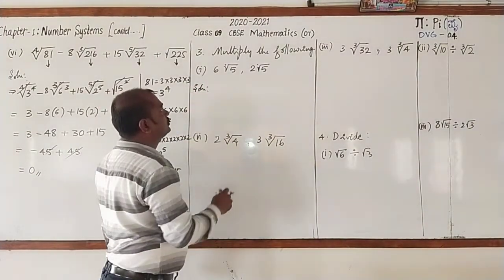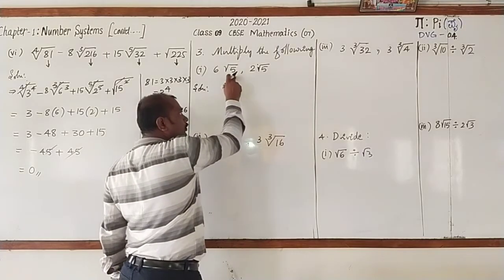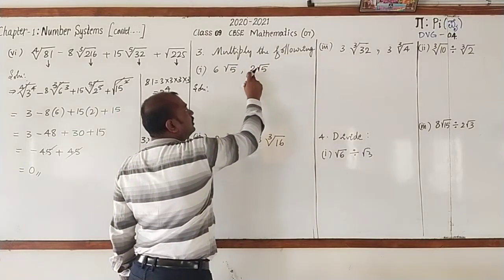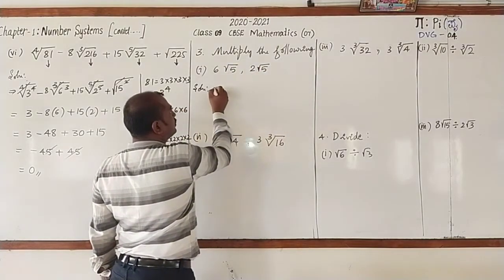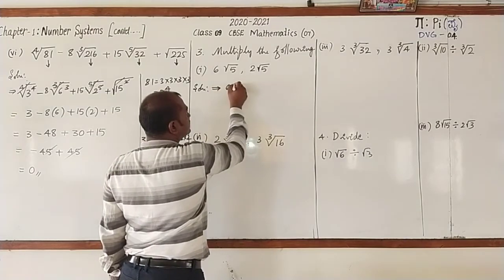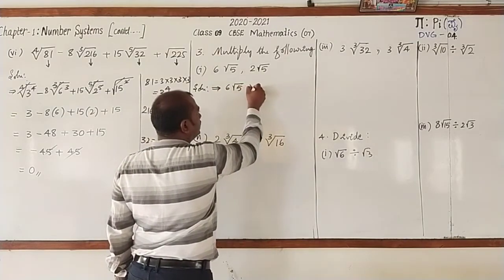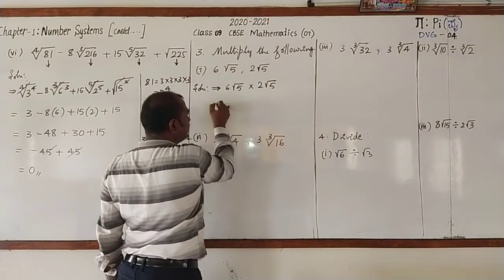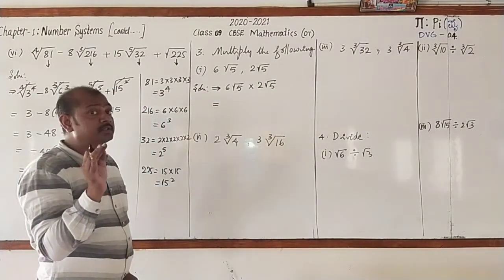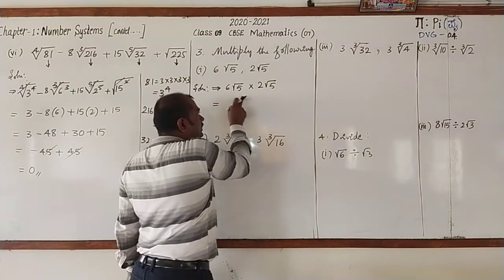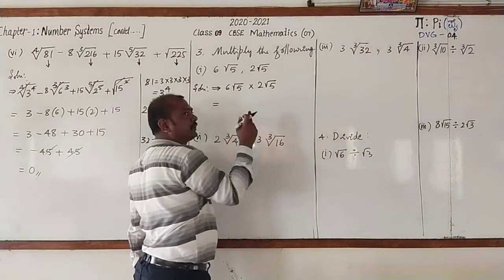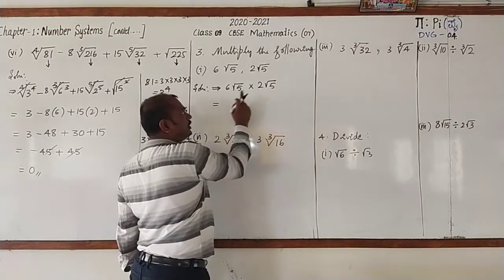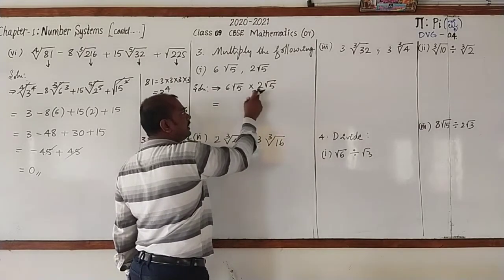6 into root 5, and here 2 into root 5 is there. I am going to multiply them: 6 into root 5 into 2 into root 5. When the orders are same, you just go for multiplying the coefficients. What are the coefficients? 6 and 2.